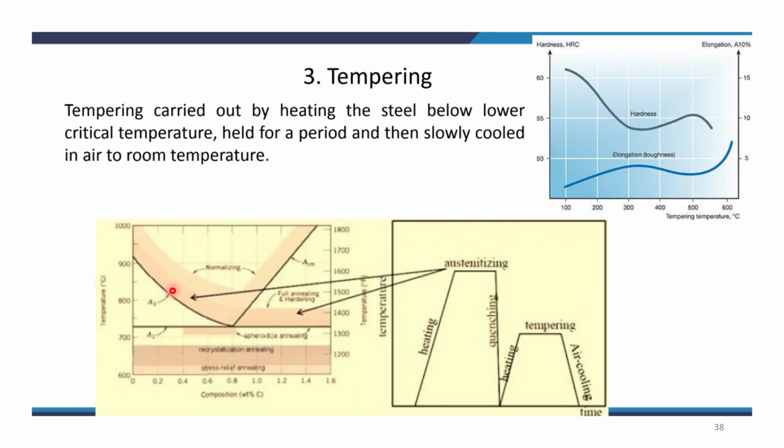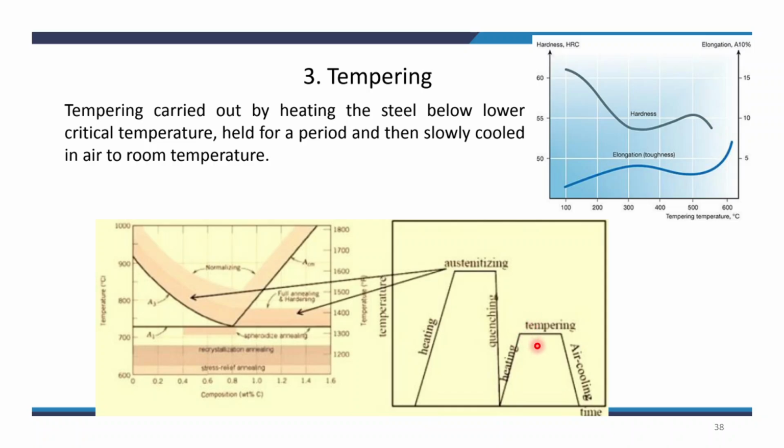Okay, so after austenitizing, you have quenched your steel and then you heat it and temper it. Tempering will relieve the stresses and convert the metastable phases into more stable phases.